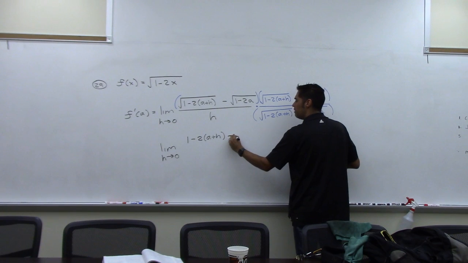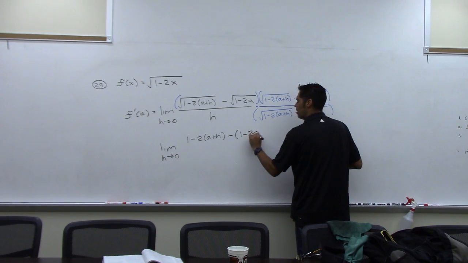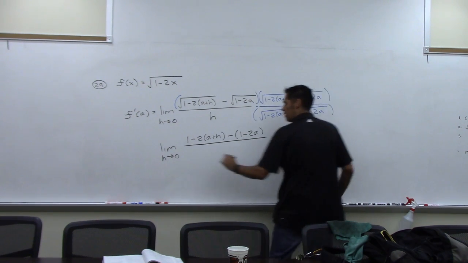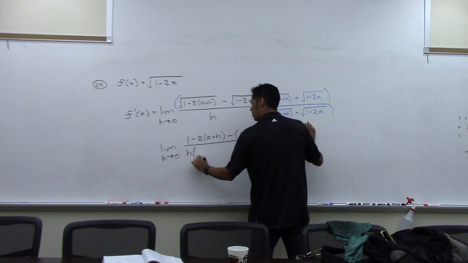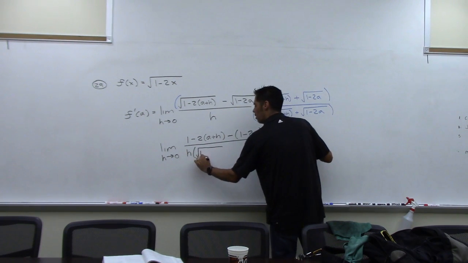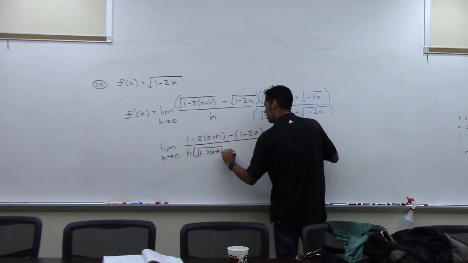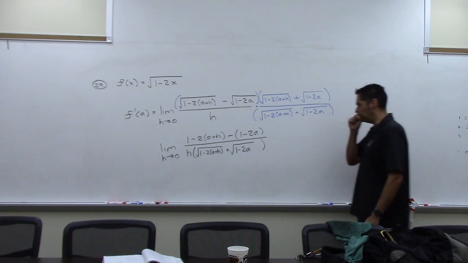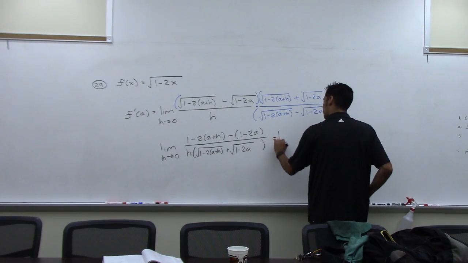So you're going to have negative of whatever was under there, 1 minus 2a, and you have to have that in parentheses, over h times, and I'm not multiplying this, all this junk, square root 1 minus 2 times a plus h plus square root of 1 minus 2a. And I know for a fact the numerator should clean up.